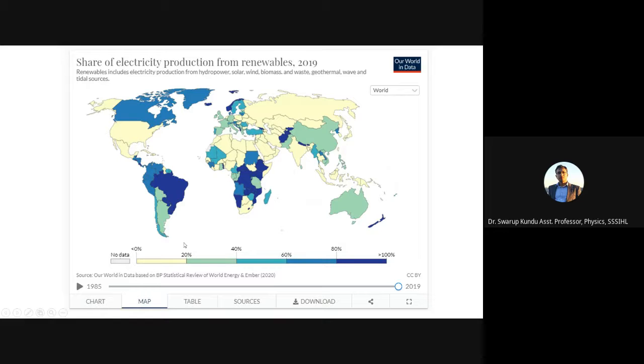And you can see on the scale the yellow ones are using the least renewable energy. India comes in that yellow region. We are not using much renewable energy. But yes, it is changing and increasing day by day.